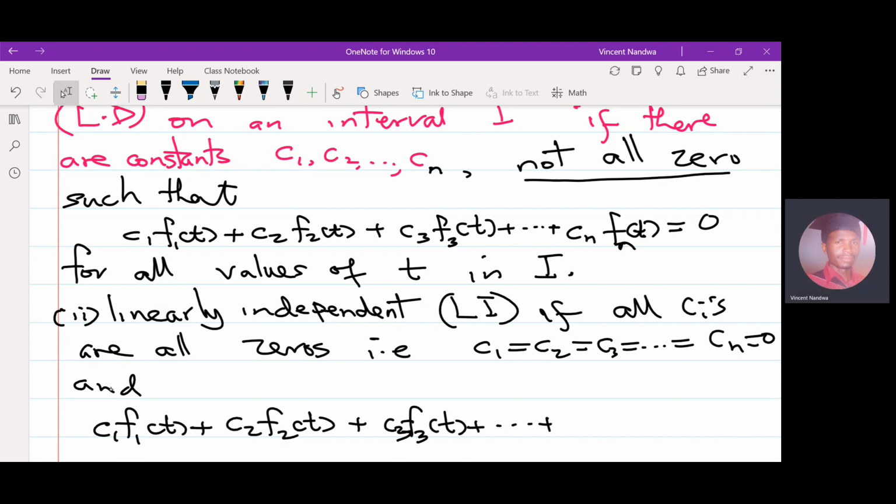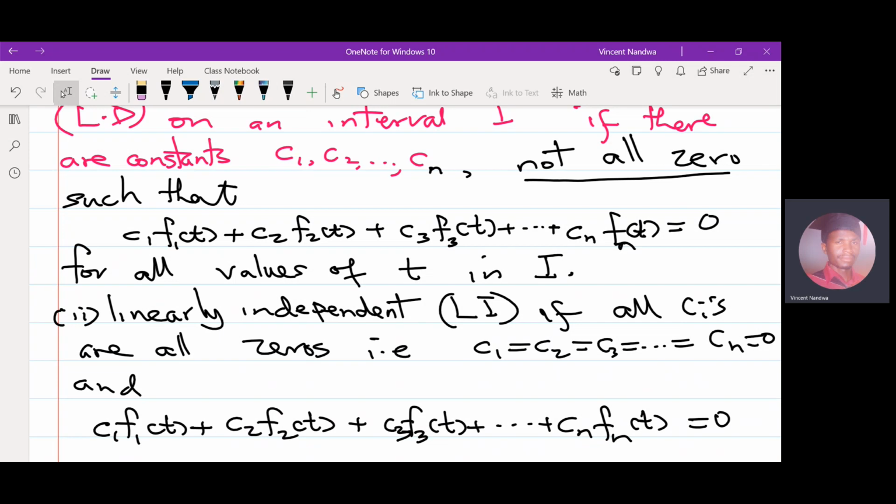So this is the same definition you gave in linear algebra. The only difference is that in linear algebra you are mostly interested in vectors, so here we are interested in functions. The vectors you used in SMA 2 or 3, in our case they are functions, and it's the same definition.